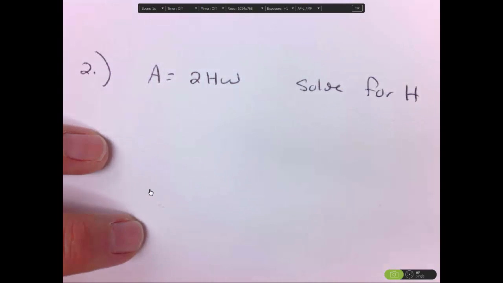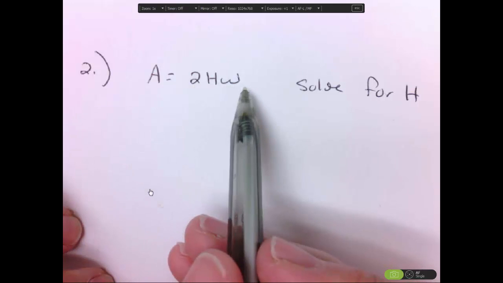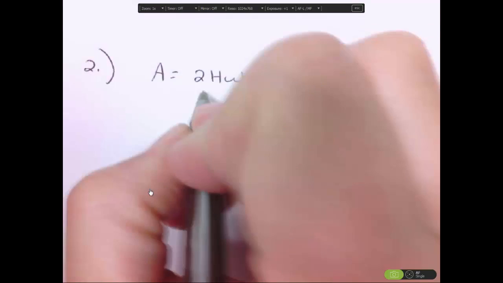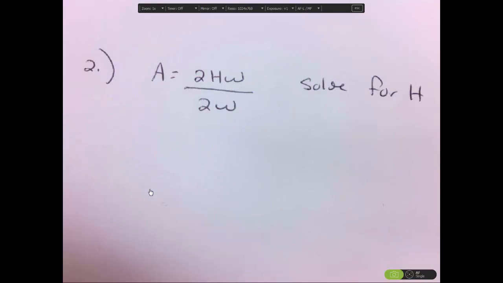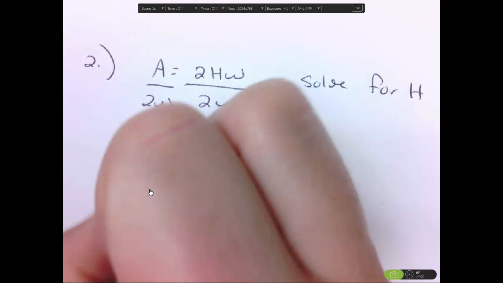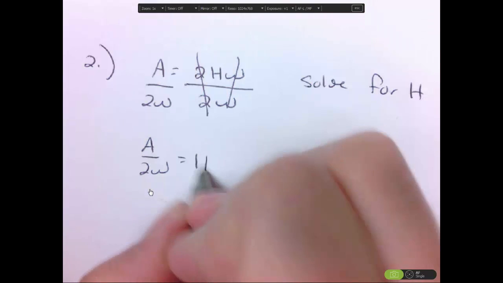If we're going to solve for H, we have two things being times. How can we get rid of things that are being timesed? We would divide, opposite operations. So we're going to divide by the 2W at the same time. What we do to one side, we have to do to the other. So over here, I'm going to have A over 2W, but over here, these would cancel and I have H.